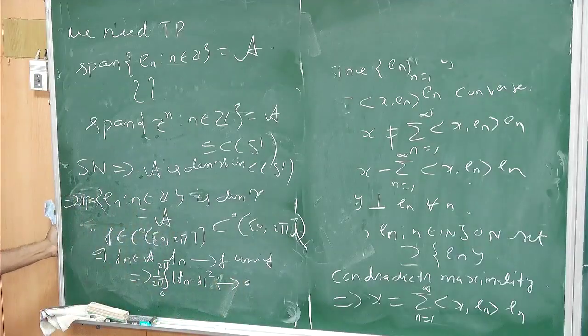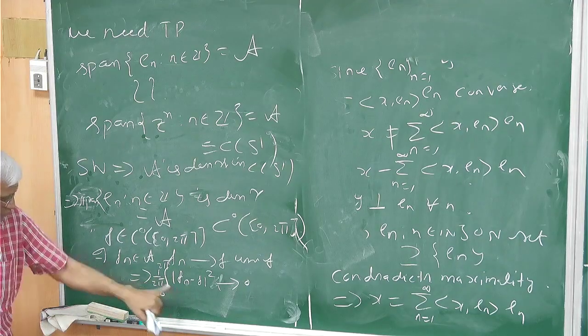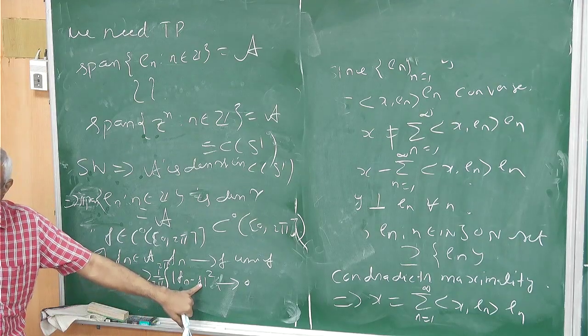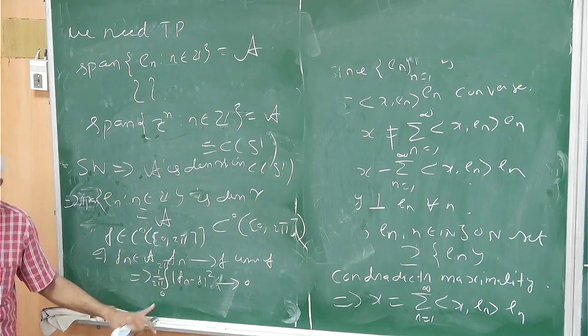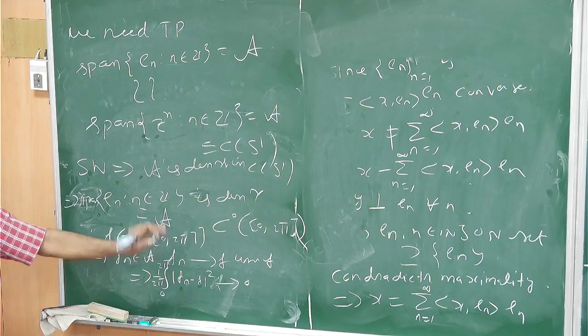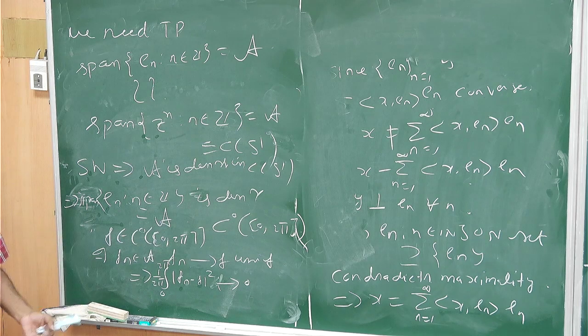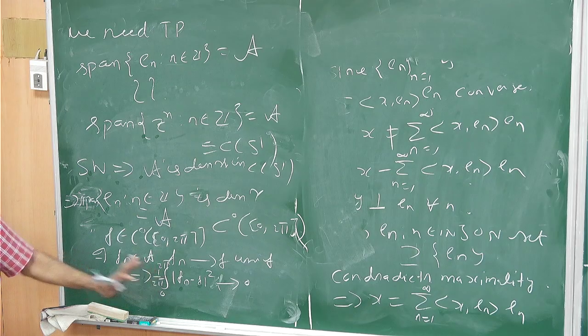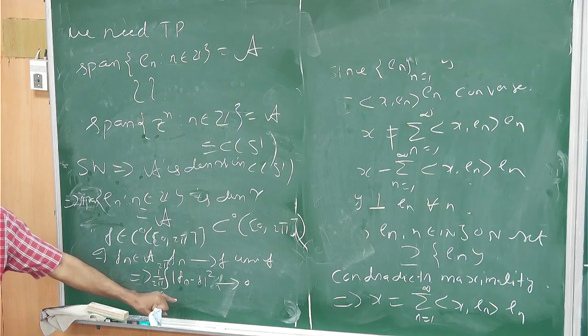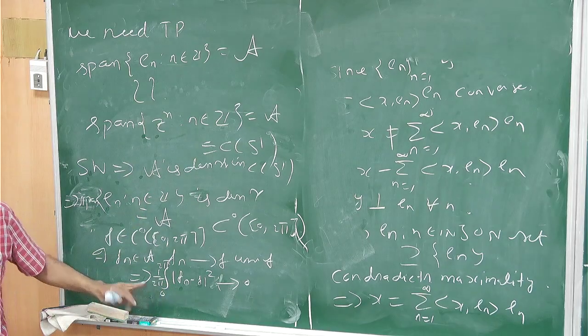Since fn converges to f uniformly, you can take the limit inside, and this goes to 0. Dominated convergence needs a much weaker condition; uniform convergence is a stronger condition. We have used this several times, in the earlier course and in this course.